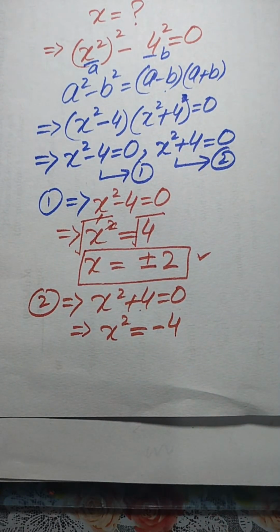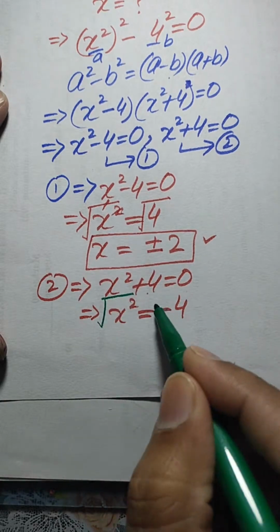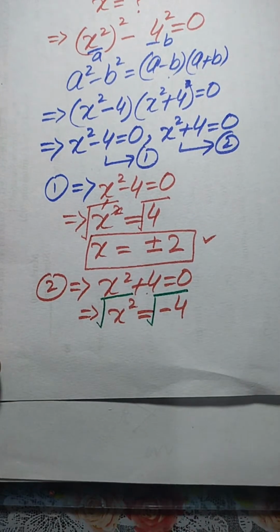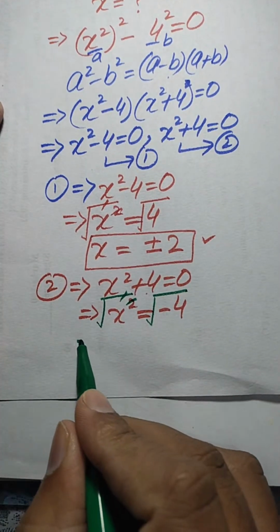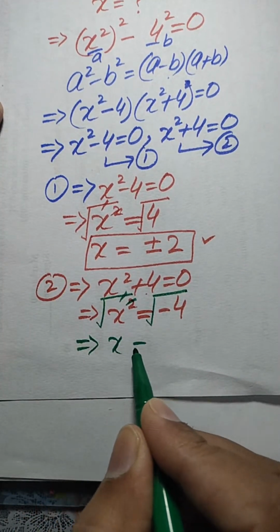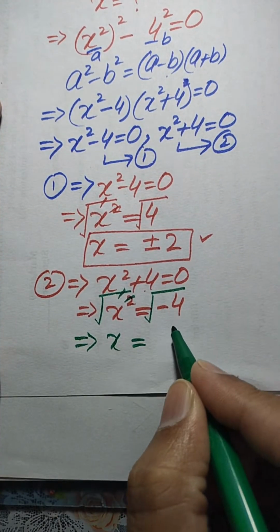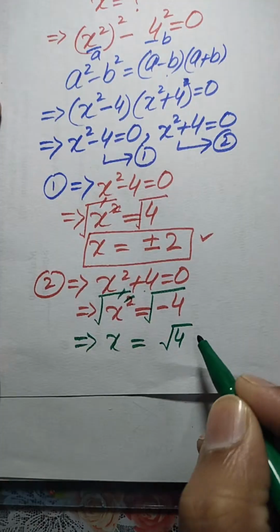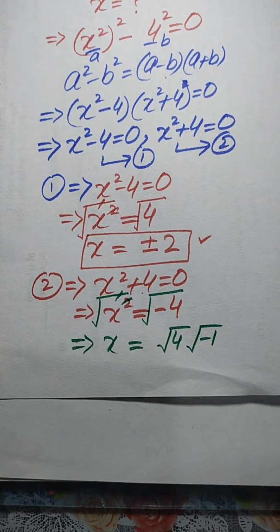And here again, for the values of x, we take square root on both of the sides. When we take square root on both sides, the 2 and the square root are gone, and we get x is equal to, here we need to apply square root separately on both of these two values, and it becomes the square root of 4 into square root of minus 1.